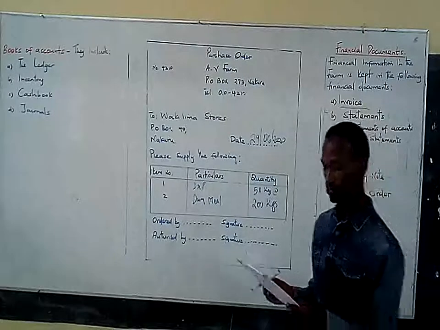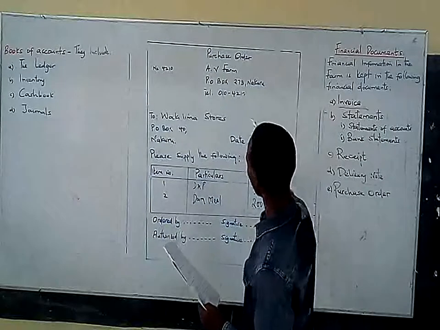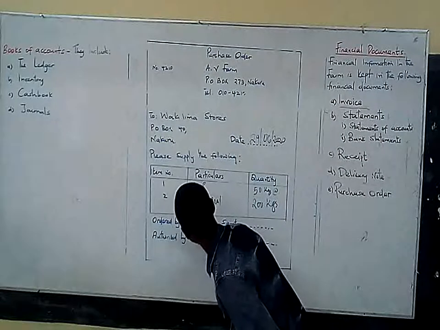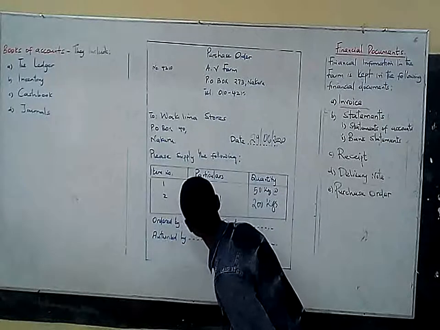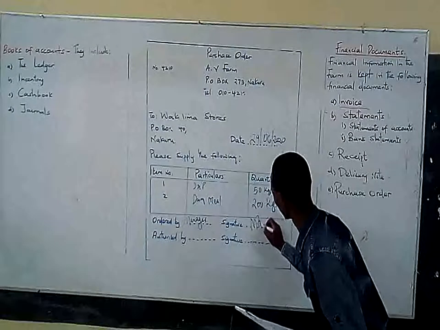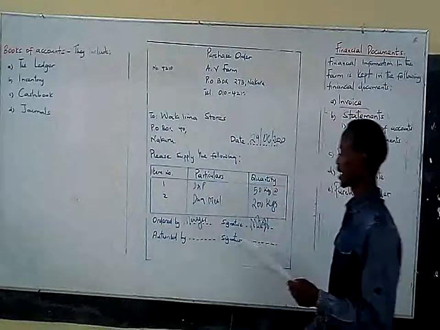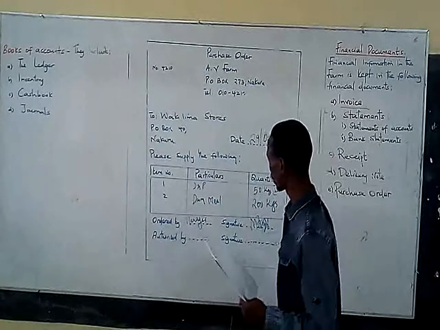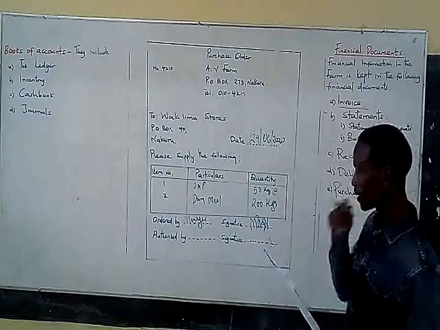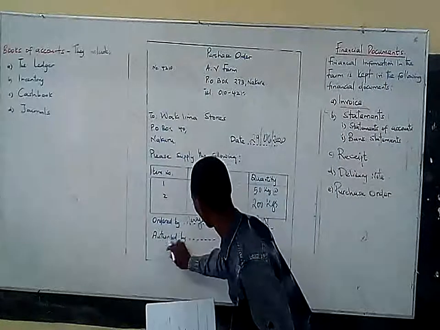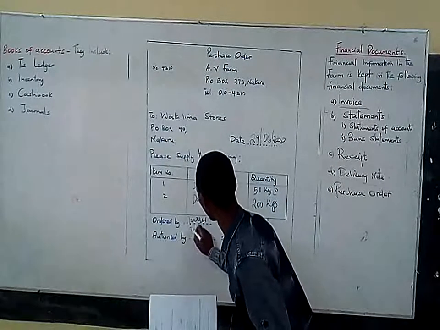Name of the person who is placing the order. Maybe the name of the farmer. We are going to have the farm manager as the person who is placing the order, and then the signature of the farmer. Authorized by who? This farm manager is maybe authorized by the directors of the farm, the board of directors.